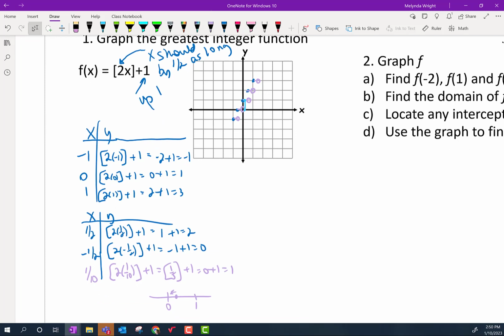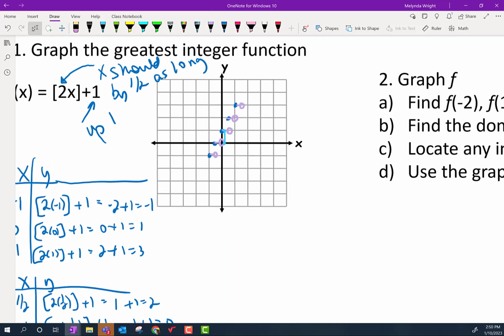One thing that we were a little bit confused with in the last class is extending this piece. Let's look at this piece right here. It starts here at 1 and then it goes to 1.5 and there's a hole.